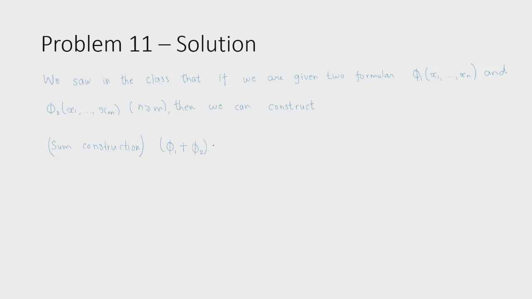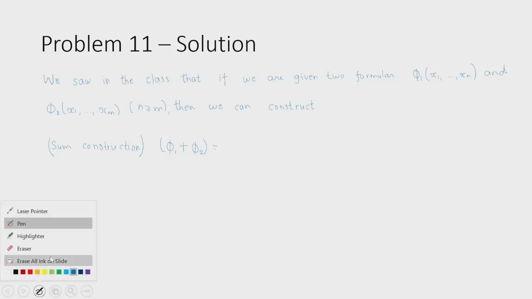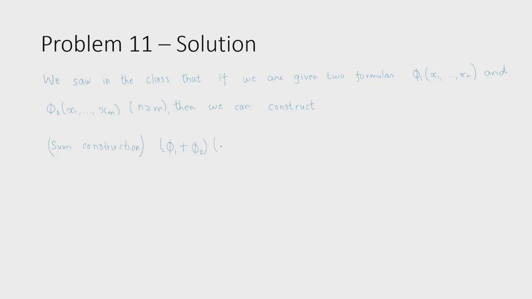And this is in the variables x0 to xn. Here x0 is a fresh variable, and this formula looks like this.